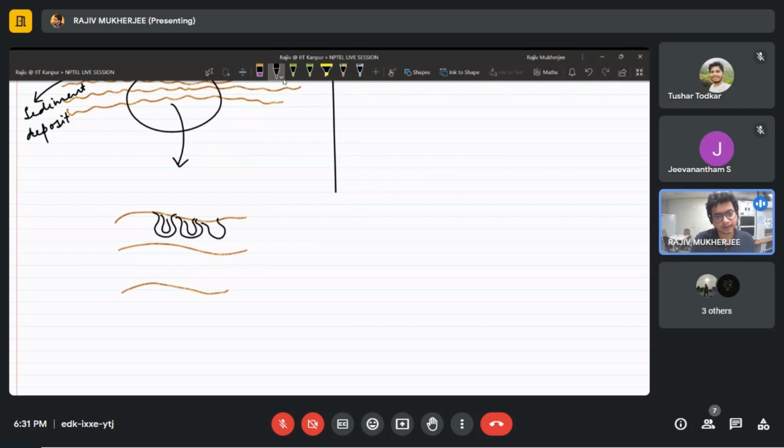Suppose, say, an example like this, right? Or say, for example, it has formed some overturned cross bedding.